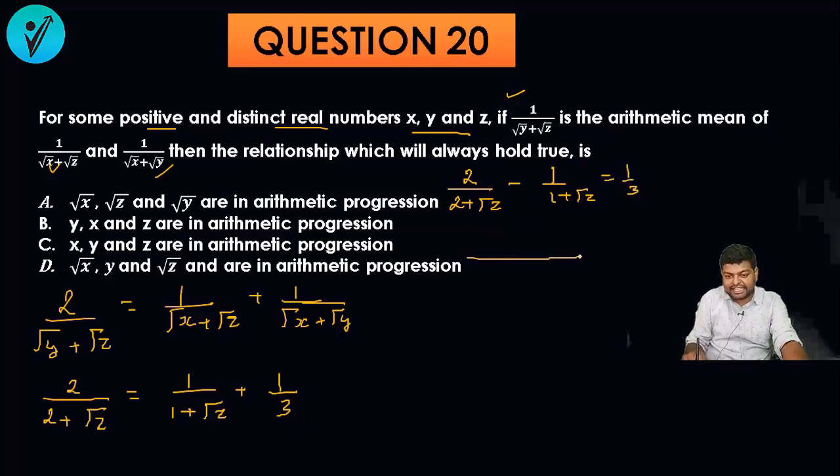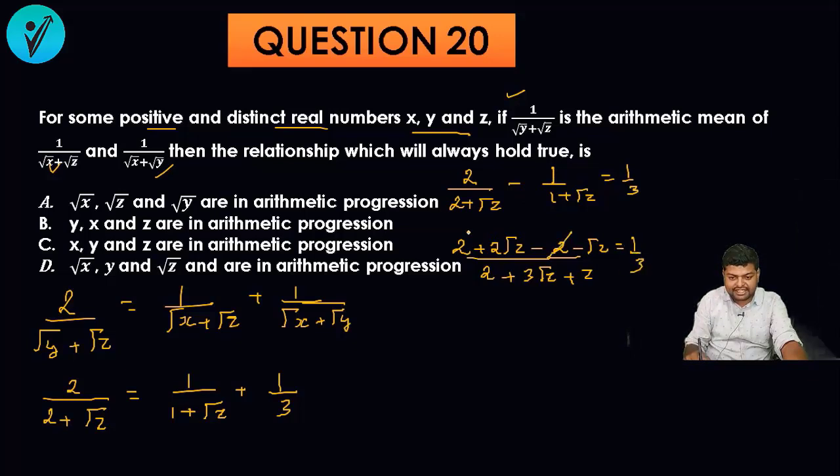So when you'll be taking the LCM, so it will be 2 plus root z, right? So 2 into 1 will be 2 plus 3 root z, and finally we'll be having a z. On the numerator we'll be having 2 into plus 2 root z minus 2 minus root z equals to 1 by 3.